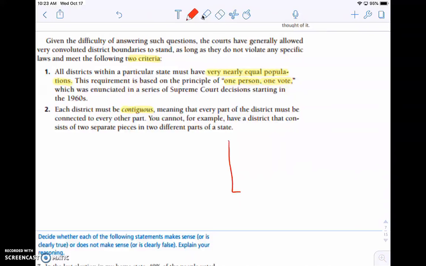If you have the state of Utah, you can't break a district up into this corner and this corner, for example. Or you can't have a little pocket here and a pocket here and a pocket here. The boundaries have to be touching all the way through.